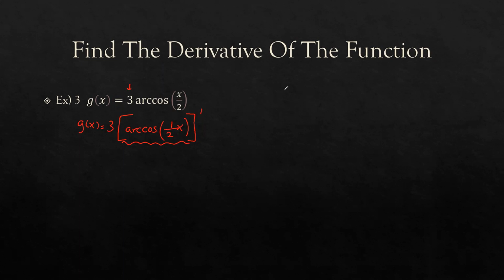Well, I do know that the derivative of arc cosine is negative x prime over the square root of 1 minus x squared. So what is our x? Our x is x over 2, or 1/2 x.